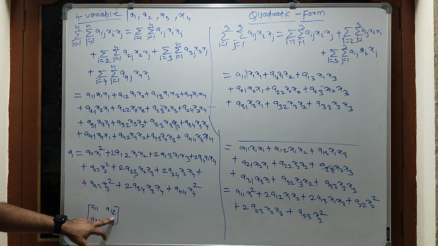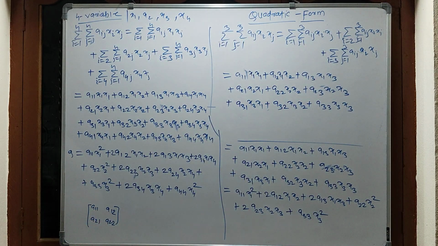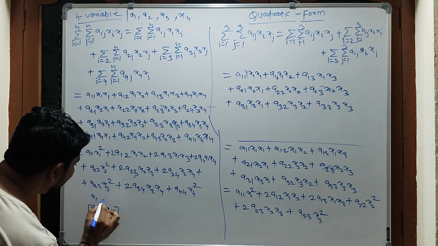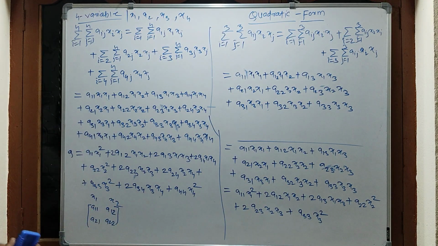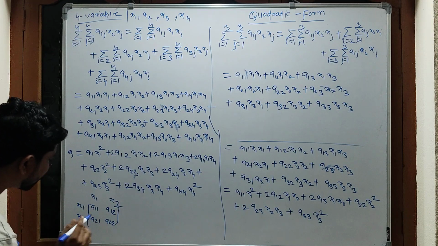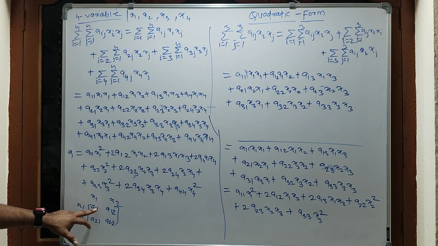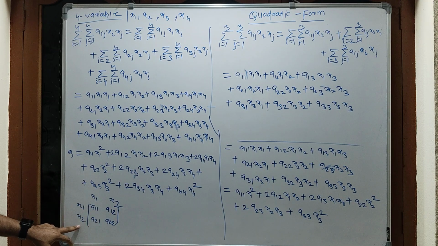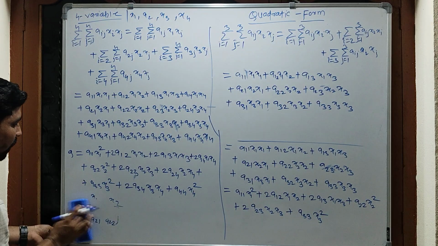We have x1 and x2, so 1 1 means x1 x1, 1 2 means x1 x2, 2 1 means x2 x1, and 2 2 means x2 x2.